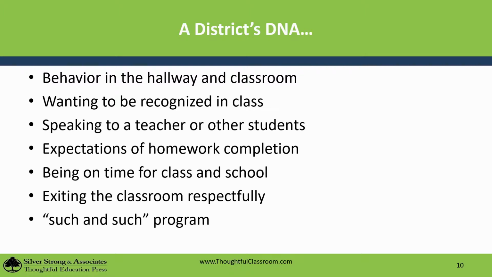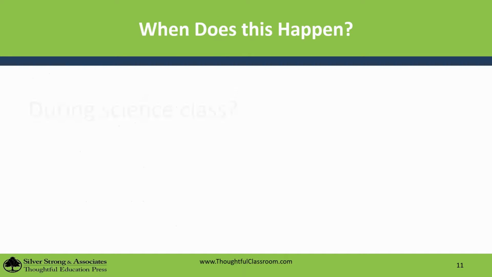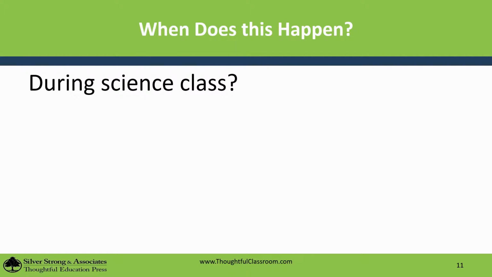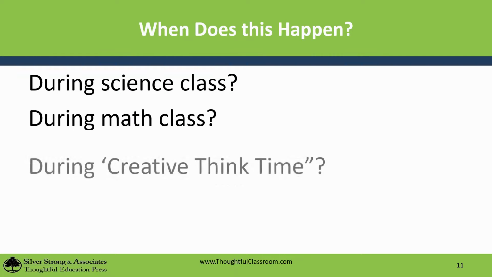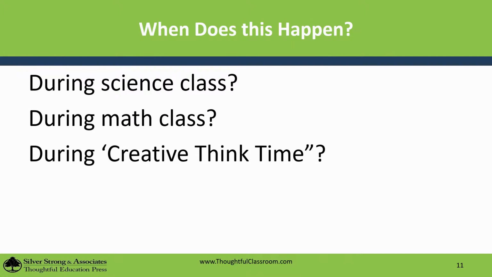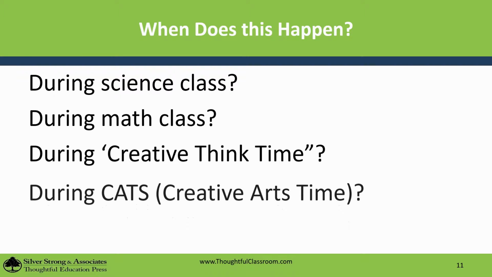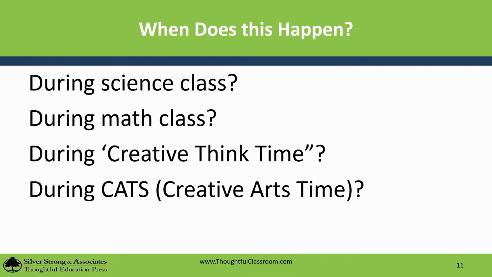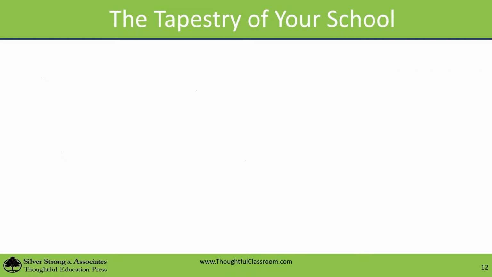And maybe your district has implemented a such and such program. When does that happen? Is it just happening during science class and math class? What about the creative think time? What about the creative arts time when students leave the classroom and go to another teacher? When do all of these programs, what you're emphasizing, happen?